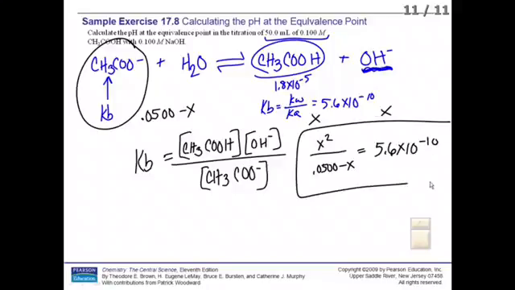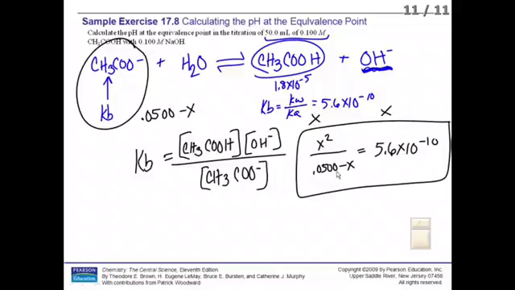Remember how you check whether or not you can ignore x? You take 5.6 times 10 to the negative 10 divided by 0.0500, times 100, and see what the percent is. If it's 5% or higher, then you need to do your quadratic.